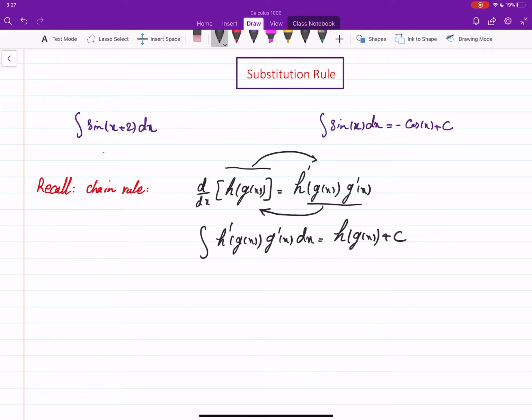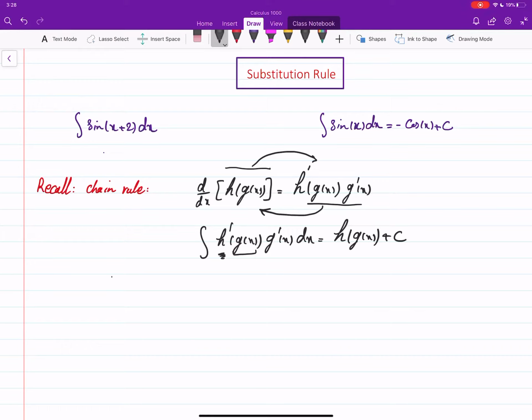This is the only way we can see a function in the integrand composed with another function. But the pattern here is what substitution asks you to identify.